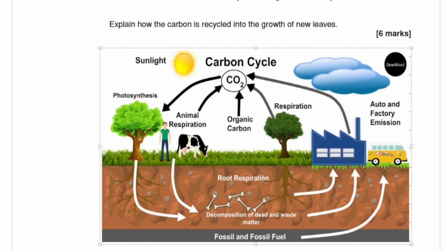And organic matter, when it dies, is decomposed by bacteria, fungi, and other decomposing microorganisms, which release the carbon dioxide back. So let me get rid of the diagram for now.